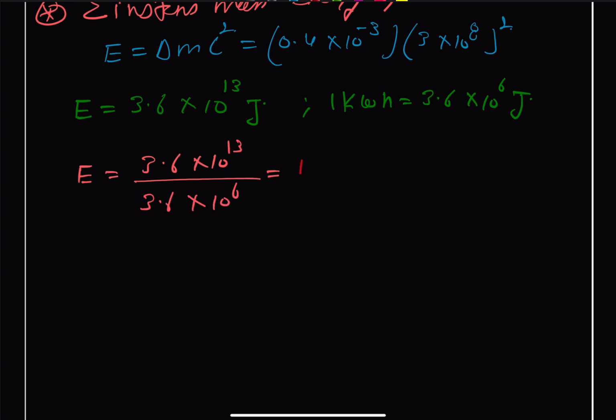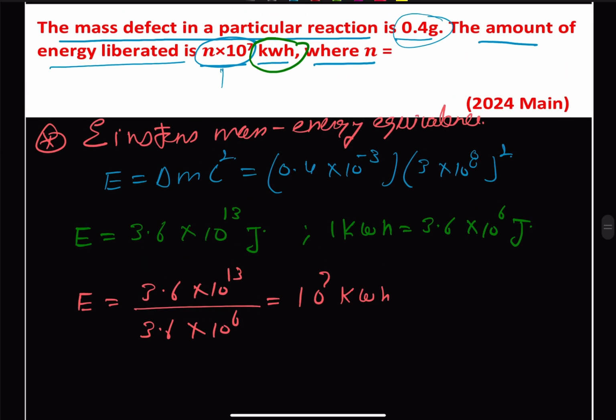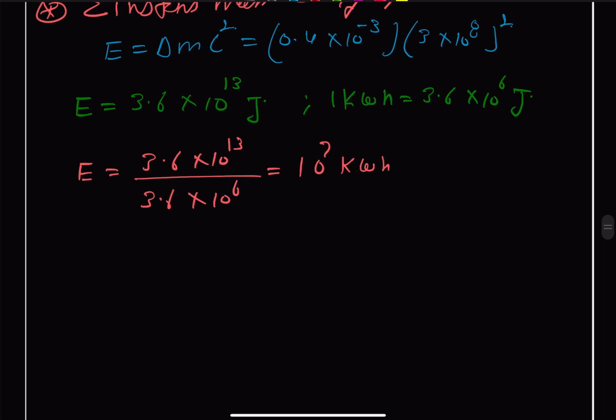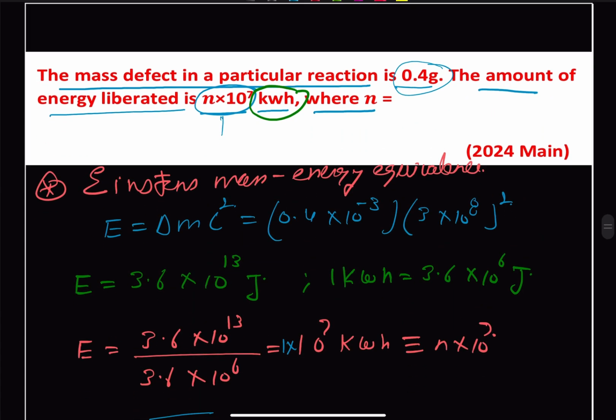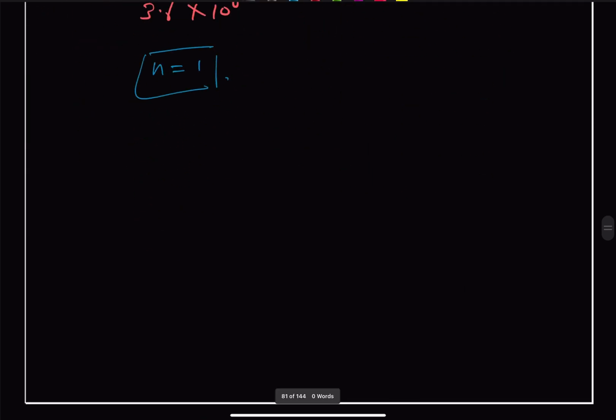This comes as 10 to the power 7 kilowatt hour, and it is given as n into 10 to the power 7. Therefore, from here we get the value of n is equal to 1. Next question.